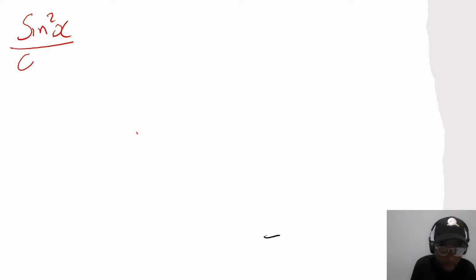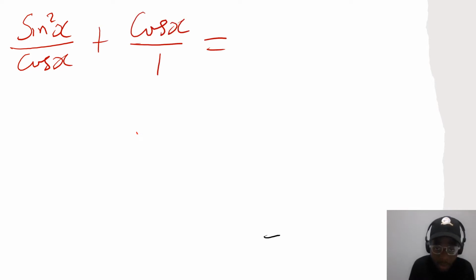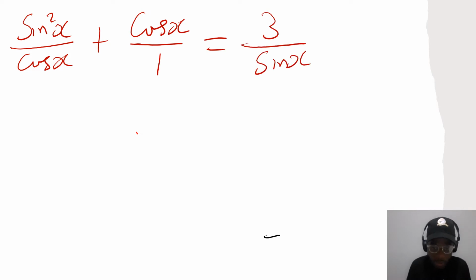I think we were having sine squared x over cosine x plus cos x divided by 1 equal to 3 over sine x. Then I said, take your LCD and multiply each term here.